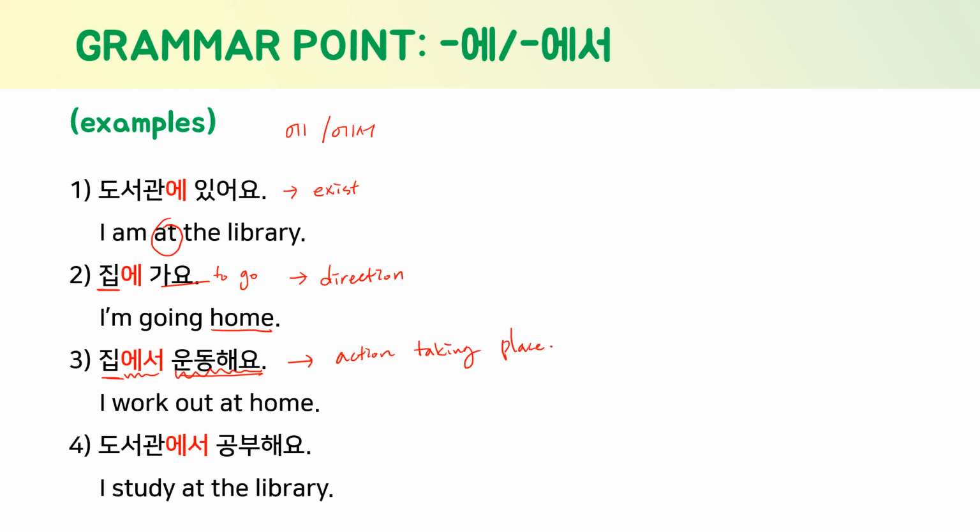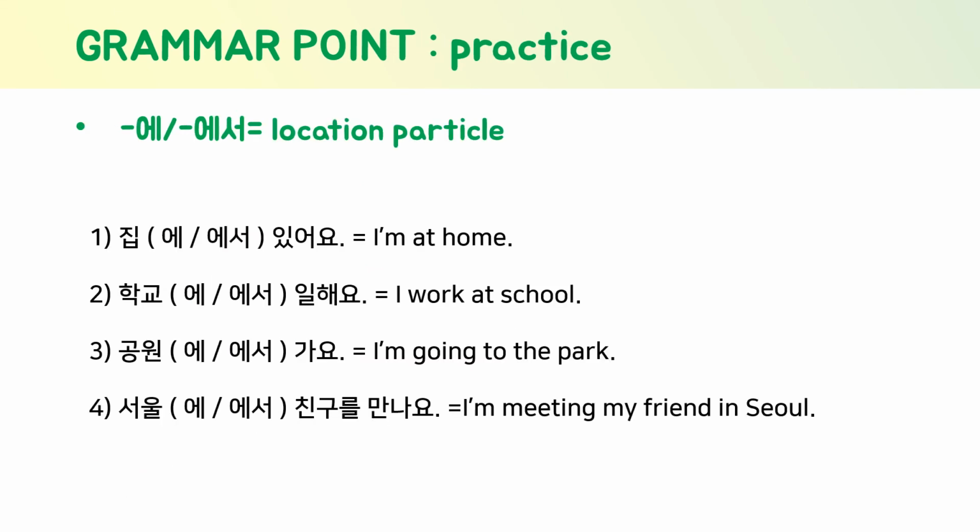Number 4, 도서관에서 공부해요. I study at the library. 공부해요, to study. So there is a verb, the action. Where the action, studying, is taking place is at the library. So 도서관에서 공부해요.